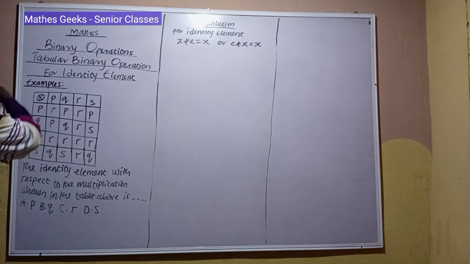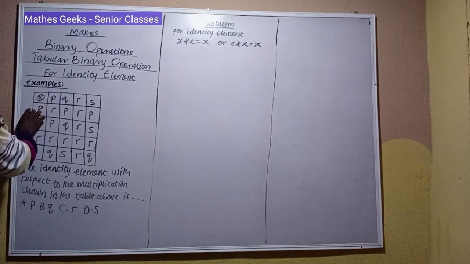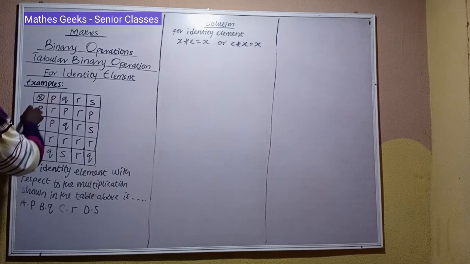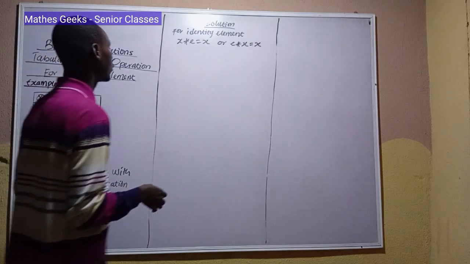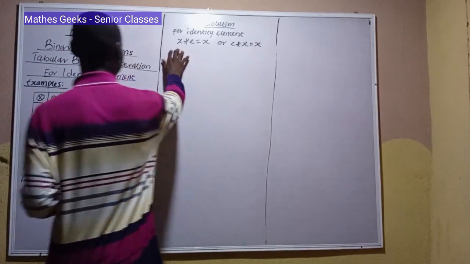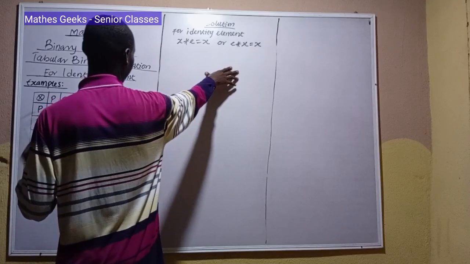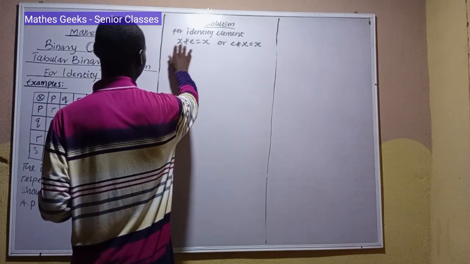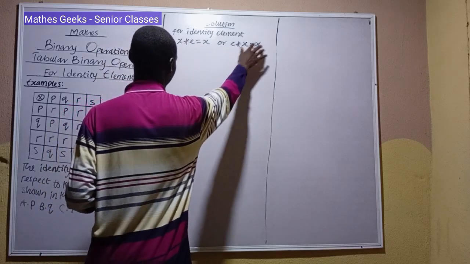Either way, if it's an identity element, x operation e gives you x, or e operation x gives you x.